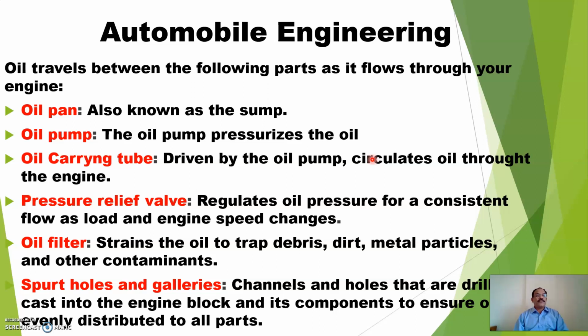Oil travels between the following parts. First, the oil pan, as we have discussed in the last period, is the place where oil is kept. It acts as a sump for the lubricating oil. All the oil, after lubrication, comes to the oil pan.